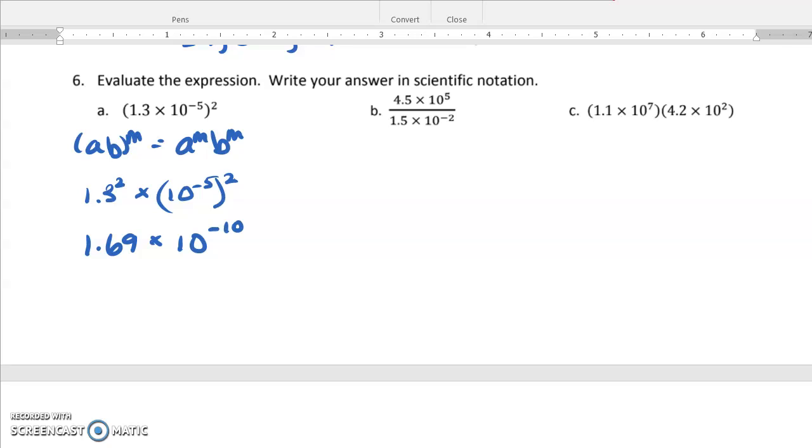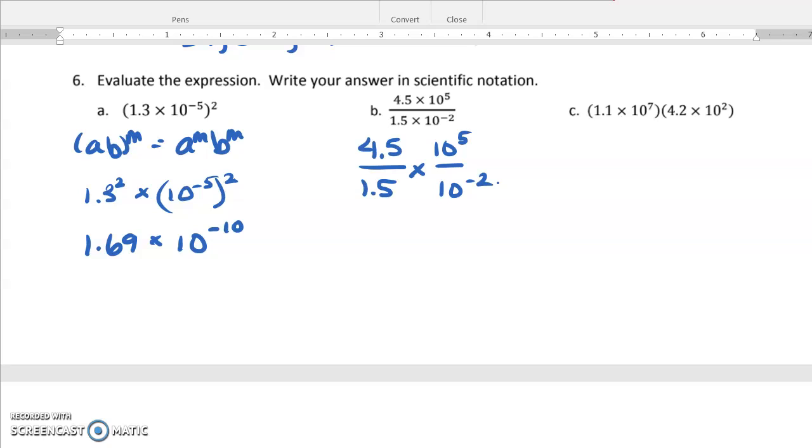To divide two numbers that are written in scientific notation, we break them up into pieces that match up. So we can think about this as 4.5 over 1.5 times 10 to the 5th over 10 to the negative 2nd.